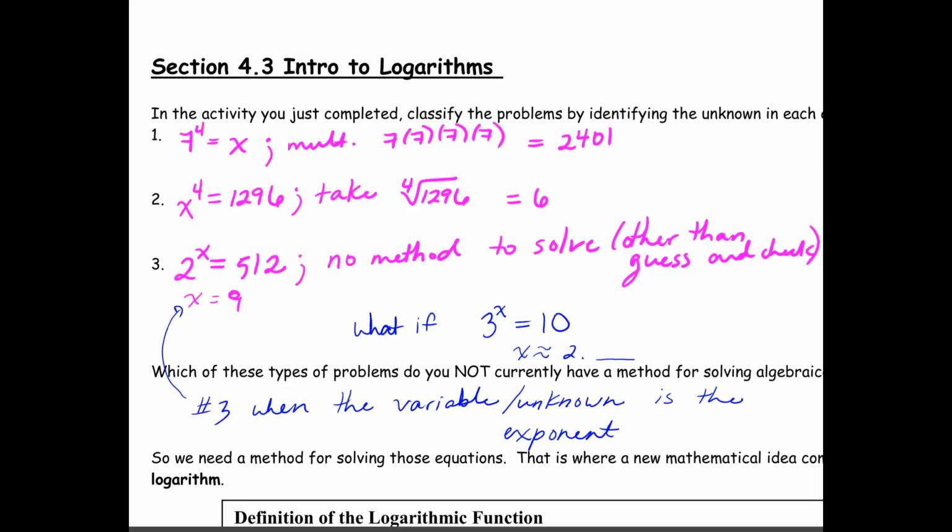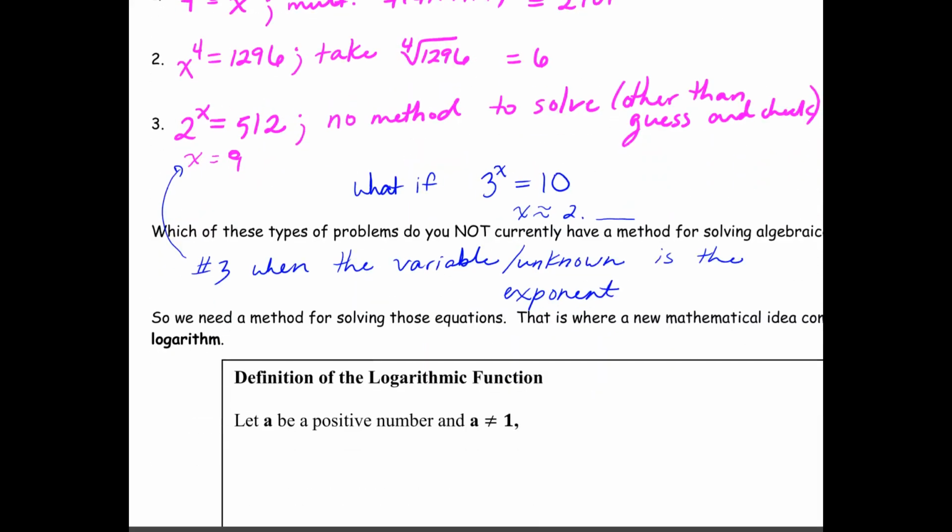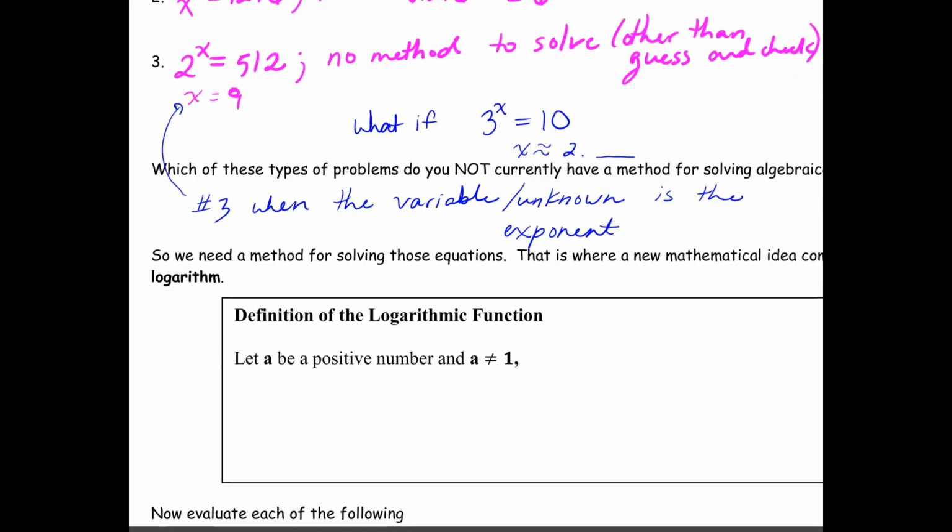This is where a new mathematical idea comes in. It's called a logarithm. I'm going to define a logarithm for you, and then we'll practice using it on that one example. We'll see what is the exact value of, or 3 raised to what value would give us 10. So here's the definition of a logarithm.